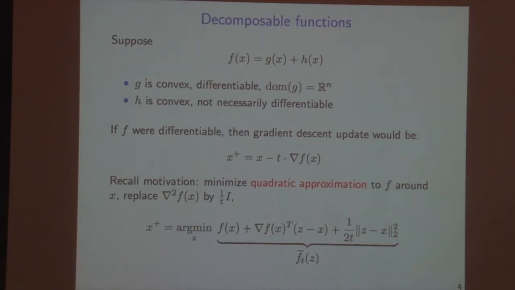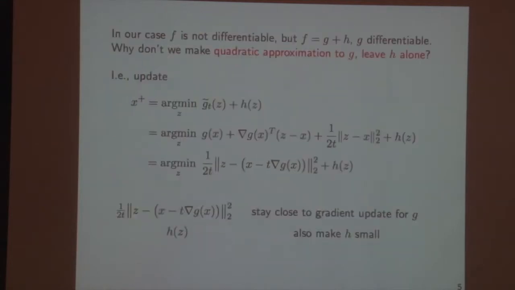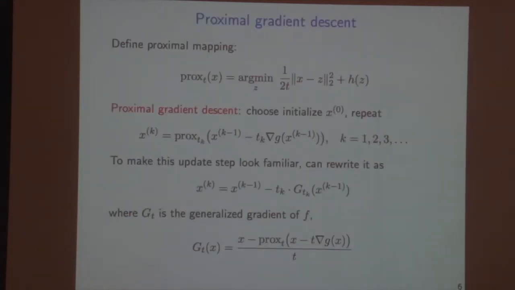And we saw with this very simple algorithm, motivated by the same kind of quadratic expansion idea we used for gradient descent, we could converge at the same speed as gradient descent if the function were only smooth. Essentially all we do is take a gradient step with respect to g. So that's this part here. After that, we apply what we call the proximal operator, which is defined only in terms of h, the non-smooth part.